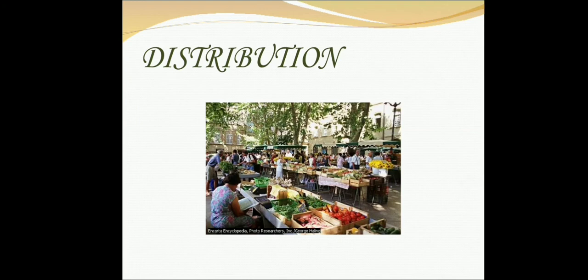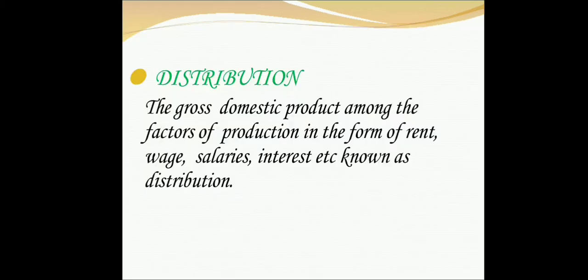Next is distribution. What does distribution mean? Distribution means to distribute the GDP, the gross domestic product, among the factors of production. Which are the four factors of production? The four factors of production are land, labor, capital, and entrepreneur, right?